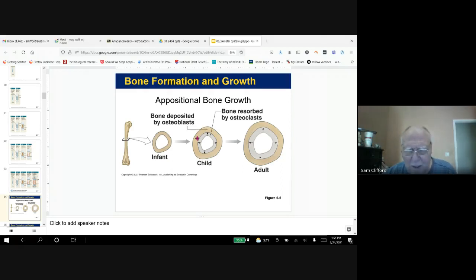Bones are always growing. Depending on whether you're a flat bone or a cartilage bone, you're going to be formed by osteocytes, osteoblasts, osteoclasts in the long bones, and then a flat process in the flat bones builds flat bone.